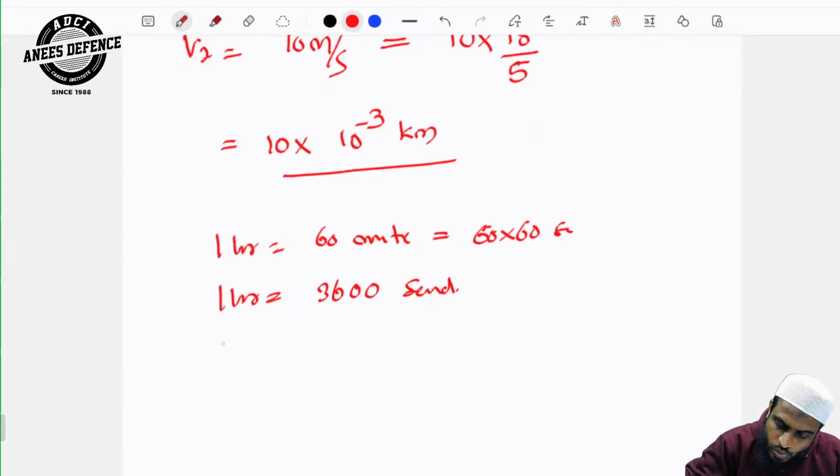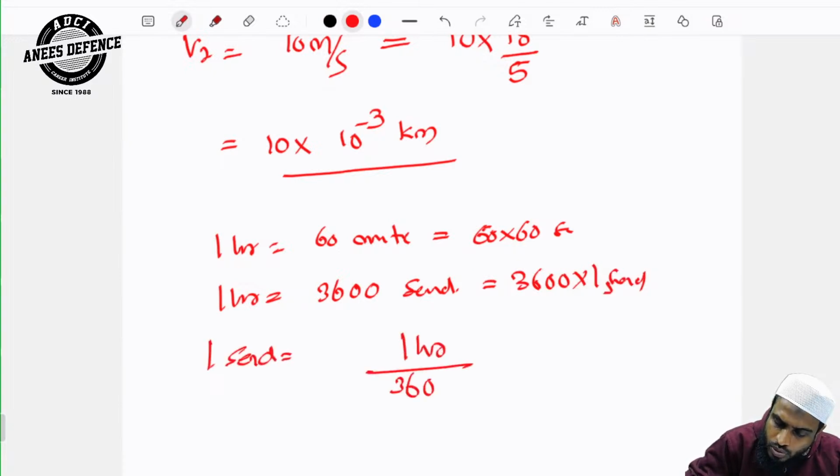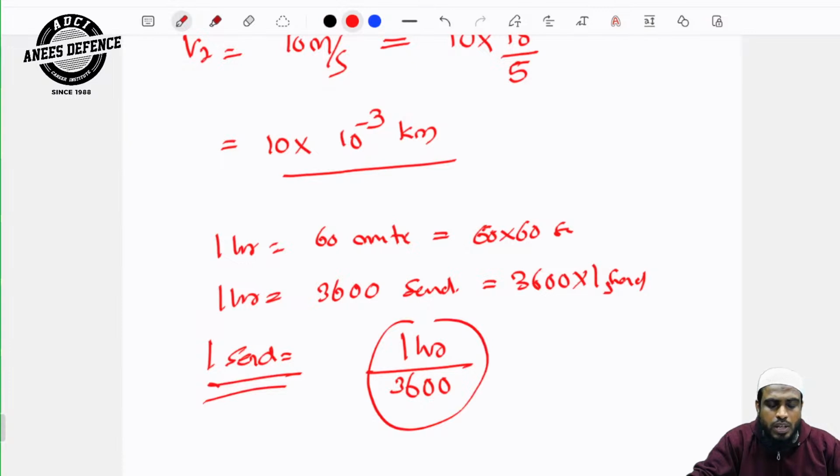So 1 second you can write as 1 hour divided by 3600. 1 second is equal to 1 by 3600 hour. So here, instead of second, I will put 1 by 3600 hour.